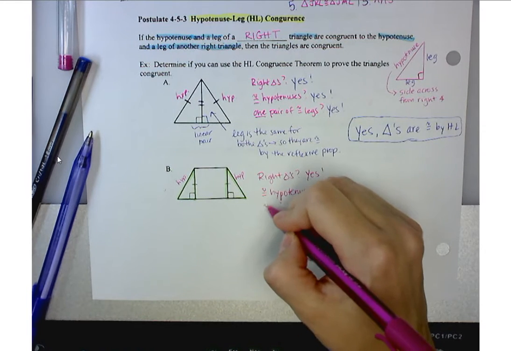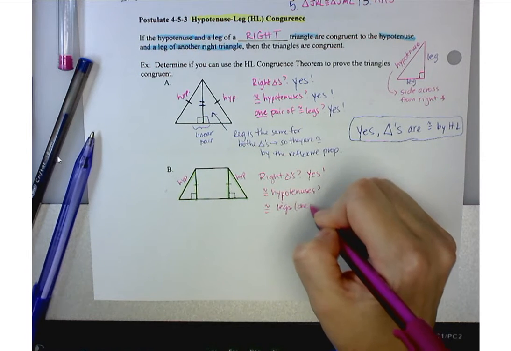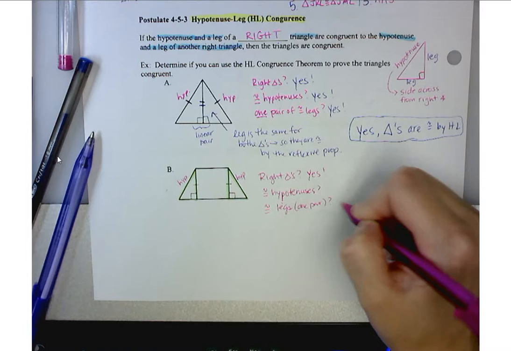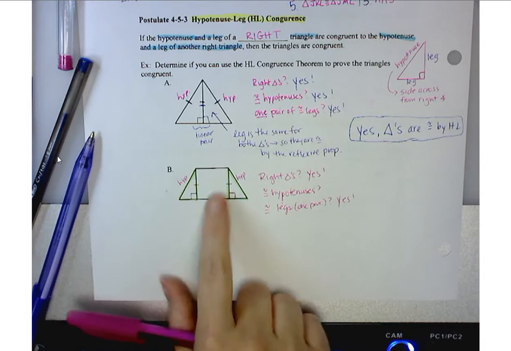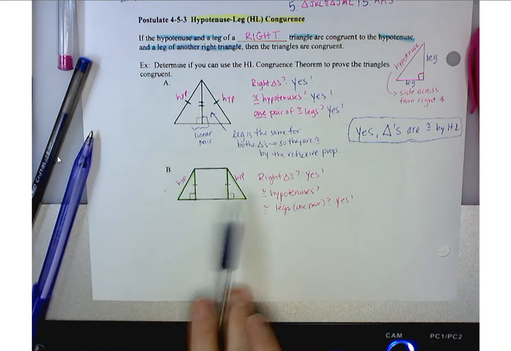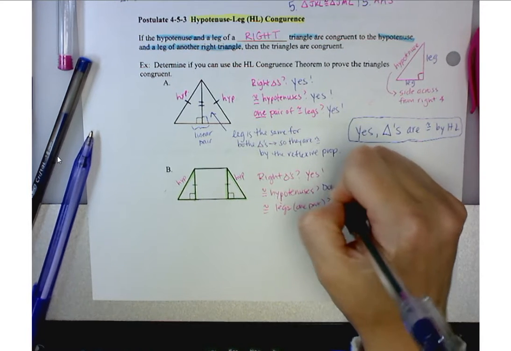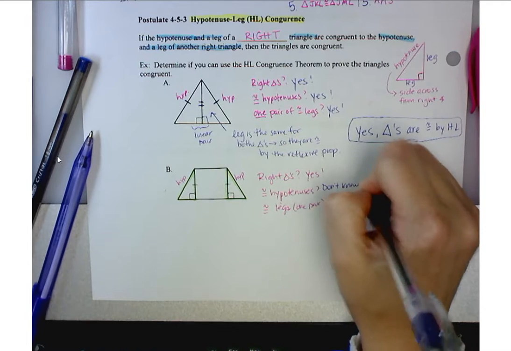Do we have congruent legs? Again, one pair. Yes. Okay, so these are your legs, right? One pair of congruent legs. Is there any way to show based on this information that the hypotenuses are congruent? No. Okay, so there's no way to show that they are. So for this I put don't know, can't tell.